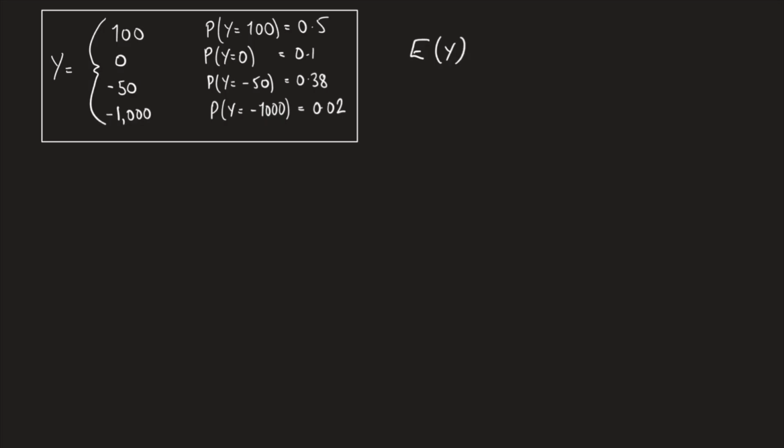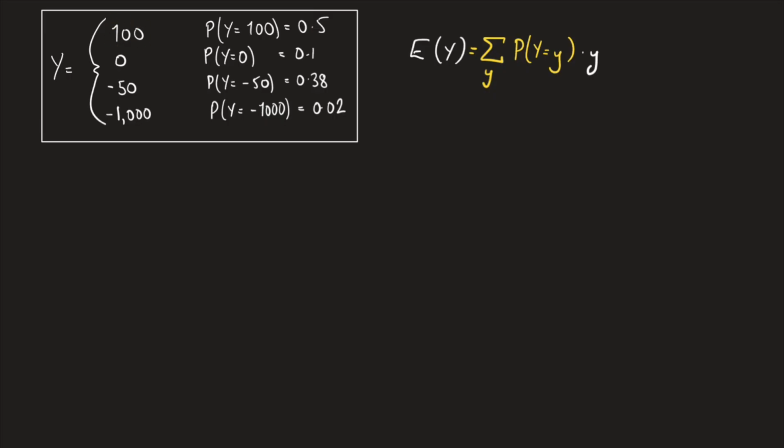Now, the expected value of a discrete random variable is just equal to the sum over all possible outcomes of y of the probability of each possible outcome multiplied by the corresponding outcome. That is, we're essentially weighting each of these outcomes, 100, 0, minus 50, and minus 1000, by the likelihood of that outcome occurring. So 50% of the time we'd get an outcome of 100, so we'd weight that by 0.5.